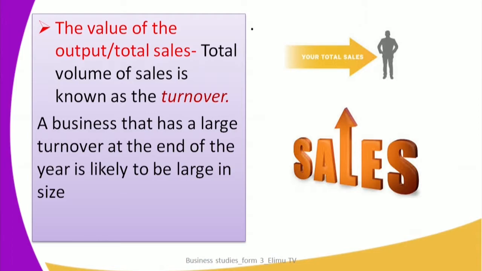We continue with the next one. The next criteria is the value of the output or the total sales. Note that the volume of sales is referred to as the turnover.